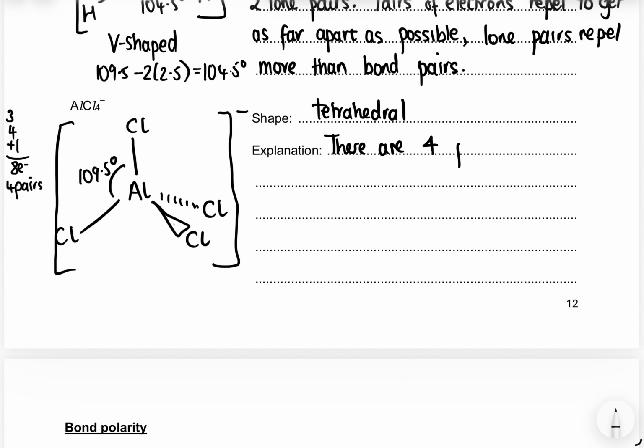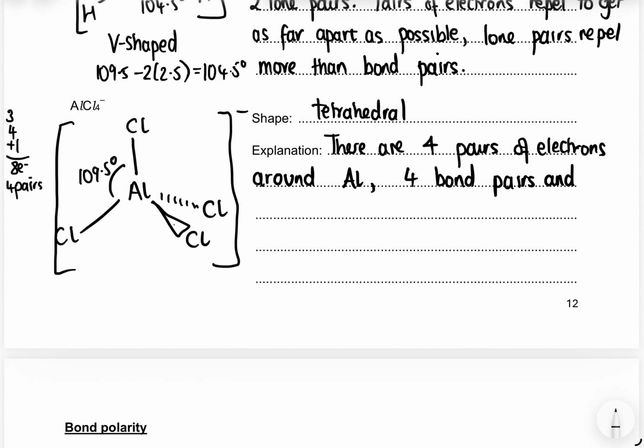There are 4 pairs of electrons around Al. 4 bond pairs and 0 lone pairs.